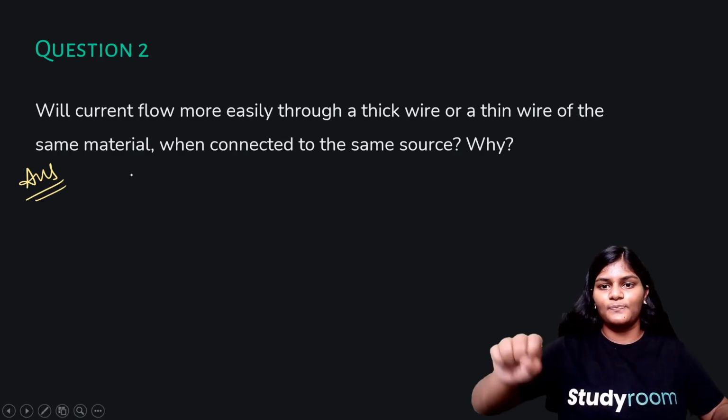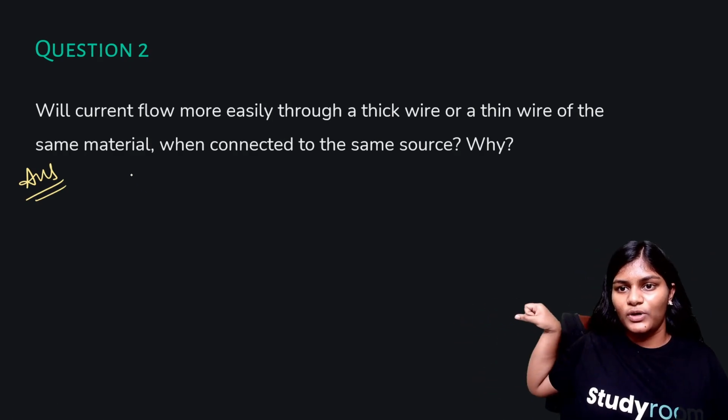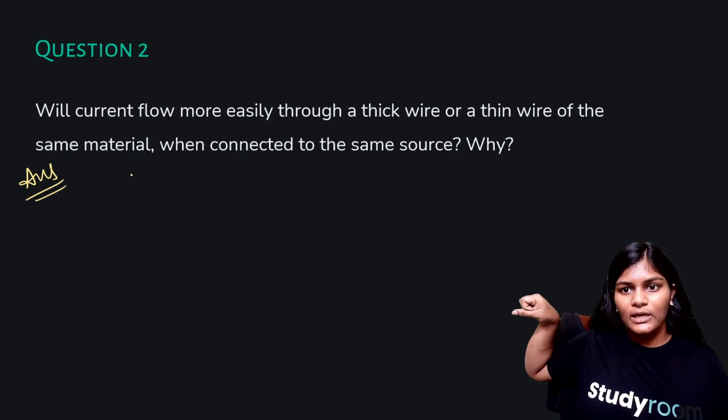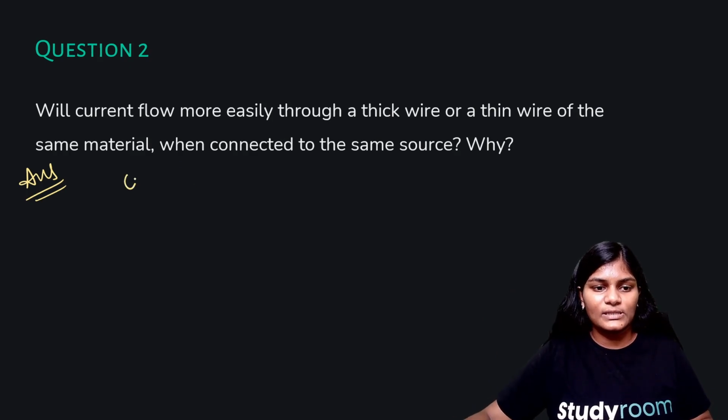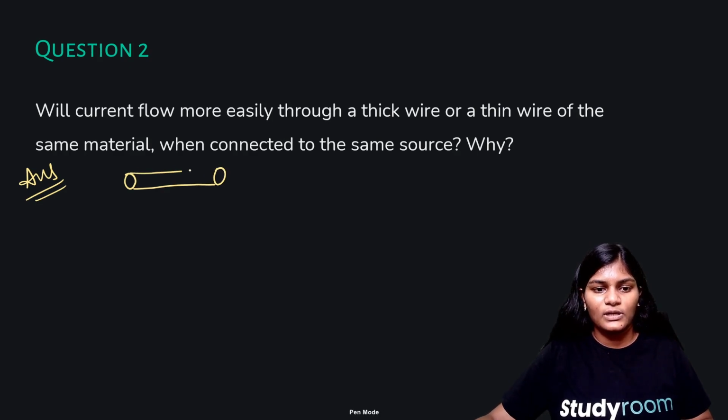Obviously, this is one cylinder, and if I increase the area, it is a thicker cylinder, right? So this would be a thin cylinder, this would be a thick cylinder.